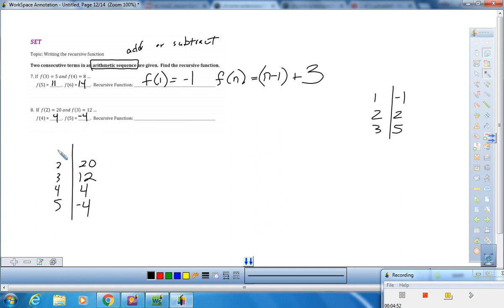So how do we get, this is going to be 28. So the recursive formula, the first term is 28. And to get any other term, f of n, take the term before it and, whoops, we're subtracting 8 every time. So minus 8.